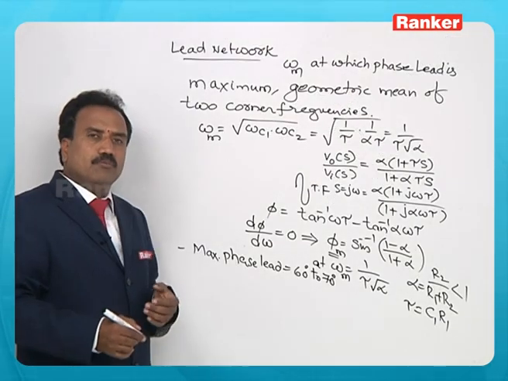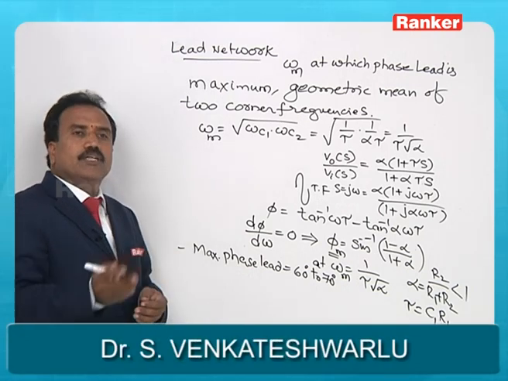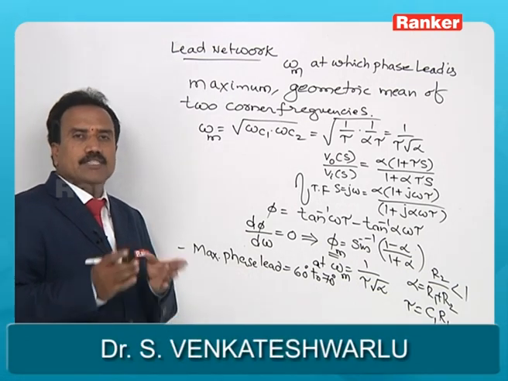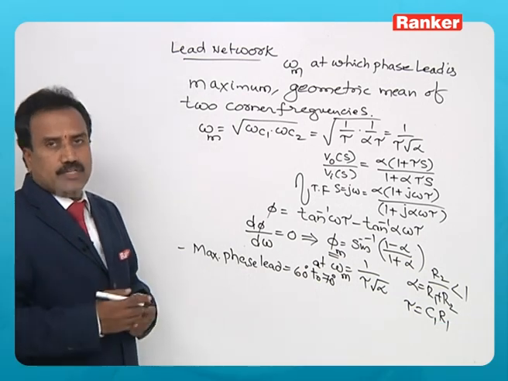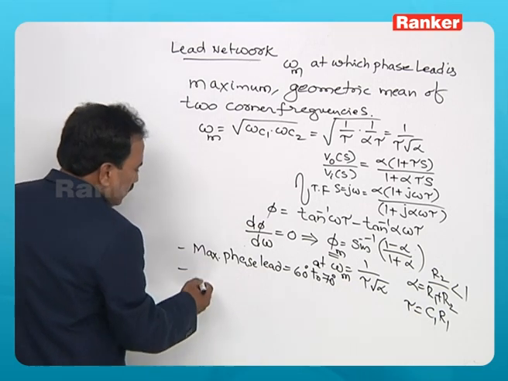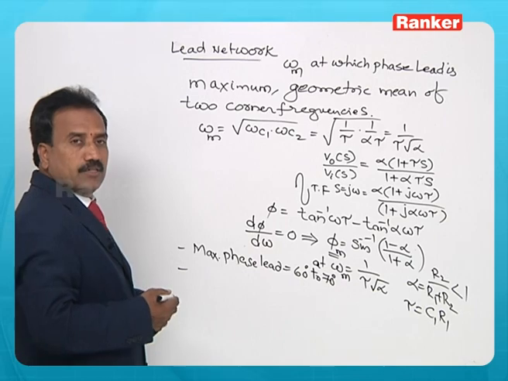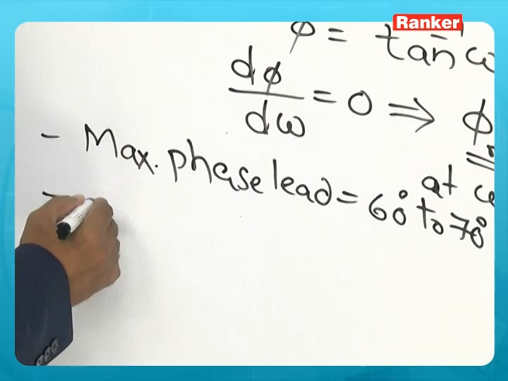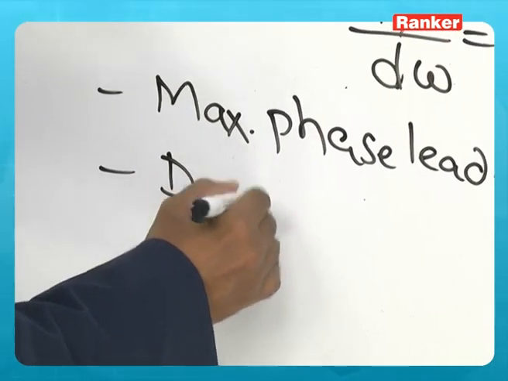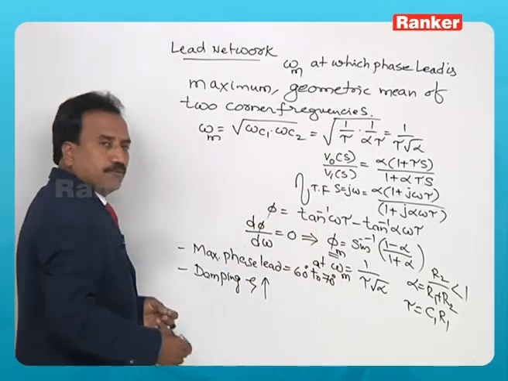And if more phase lead is required, then two such lead networks must be connected in cascade to get more phase lead. And the second point is, as the zero is dominant, closer to the origin, a dominant zero means the damping factor, or damping coefficient zeta, is more.